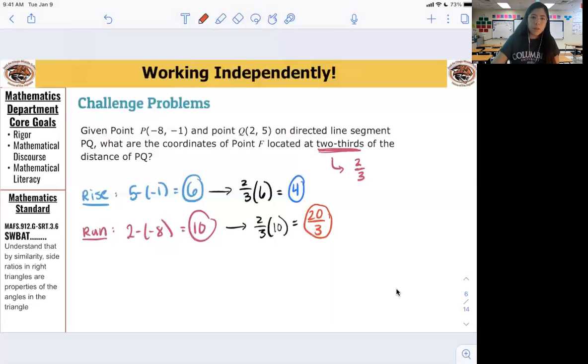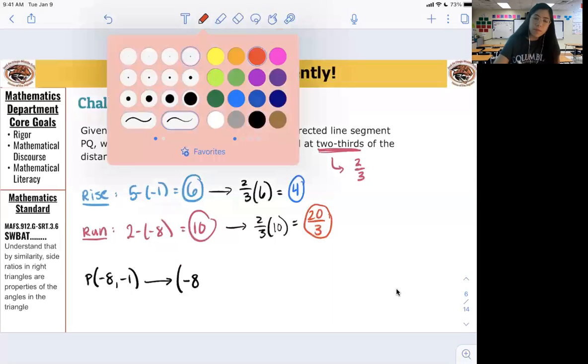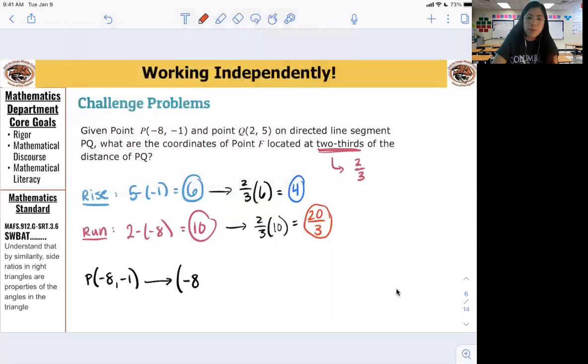Okay. Well, now we can do what Janelle said before. Now I'm going to add these to point P. So P was -8, -1. Which number am I adding to the -8? Good. Remember, we add this one to the x.